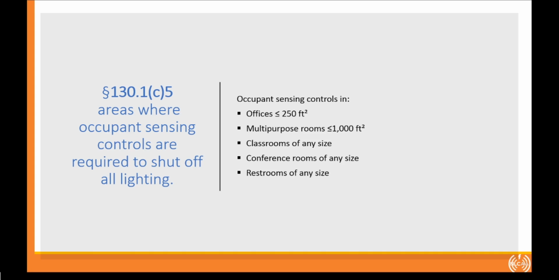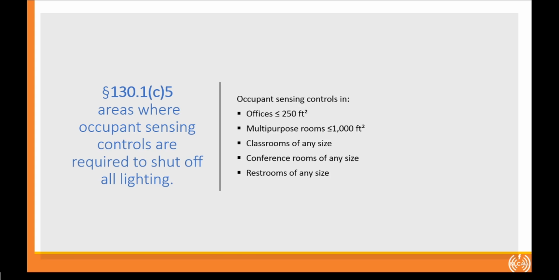Now, the maximum occupancy time delay is 20 minutes. So you can't have more than 20 minutes of occupancy time delay. Most sensors, when they ship out, will have a default setting of anywhere between 5 minutes to 10 minutes time delay. And 10 minutes is plenty of time for the sensor to run its timer before it realizes that, okay, nobody's here, so I'm going to shut off the lights.